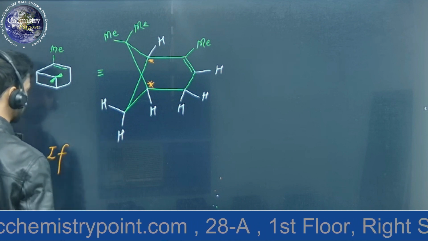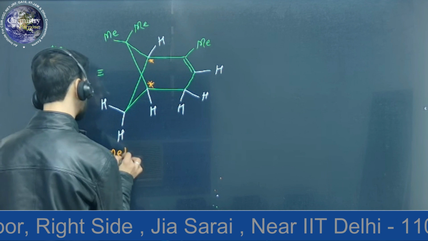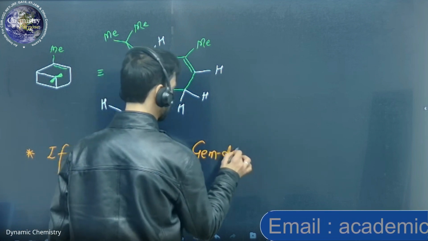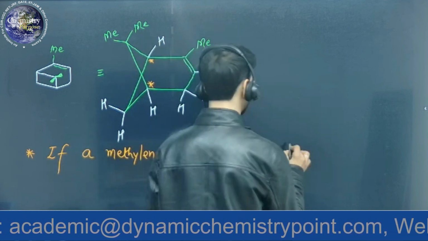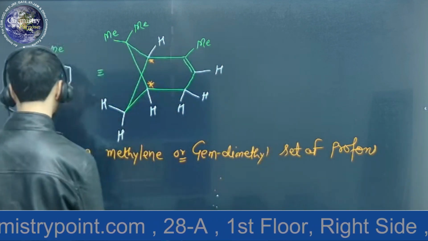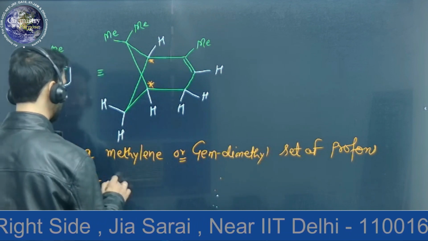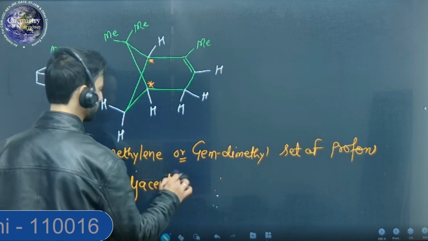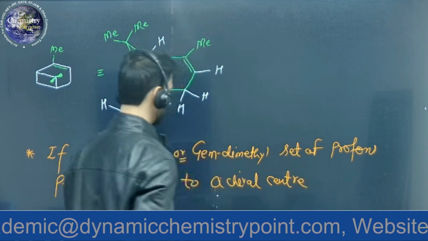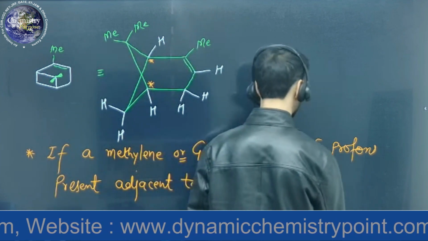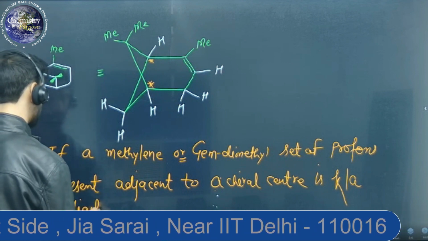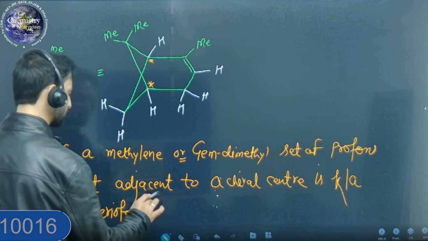Attention: if a methylene group or gem-dimethyl set of protons is present adjacent to a chiral center, then this type of methylene or gem-dimethyl is known as diastereotopic in nature.